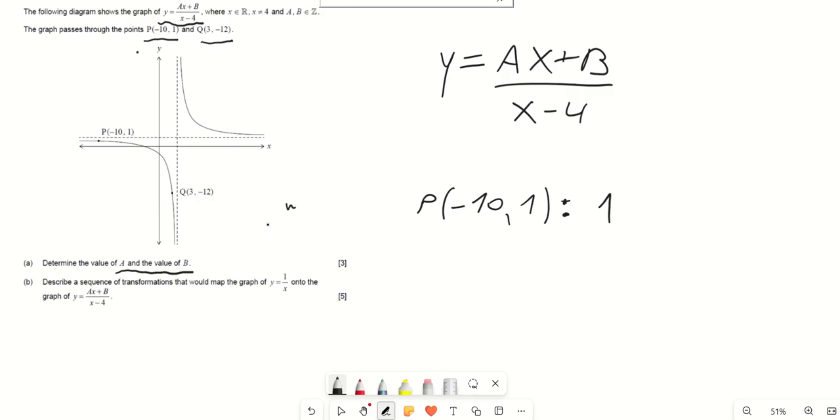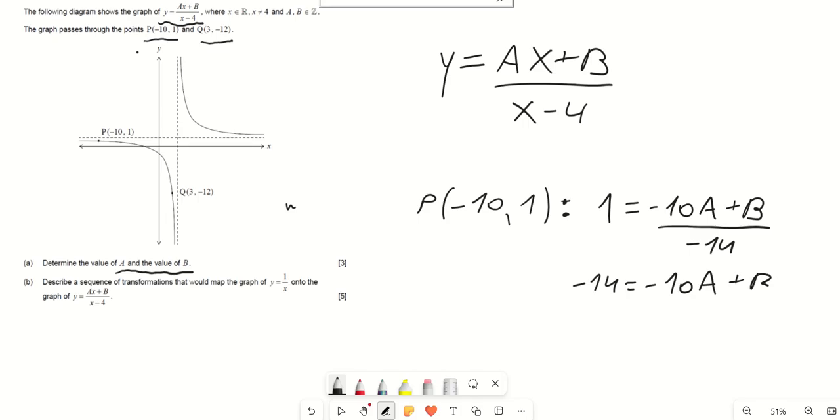I will get 1 equals (-10a + b) divided by (-10 - 4), which is -14. So if I simplify a bit, I get that -14 equals -10a + b. This is from the point P.